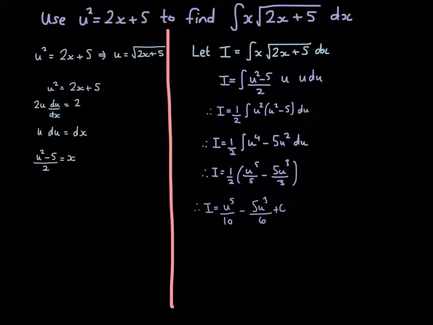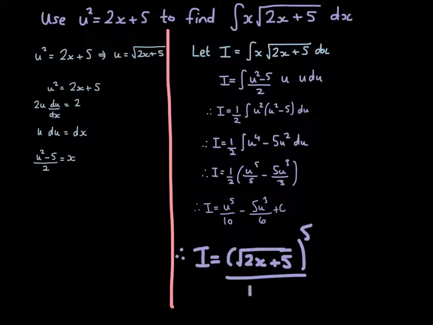And then all we need to do now to finish off is substitute our expression for u back into our final answer. Okay, so we're going to substitute in the square root of 2x plus 5. So that's going to give us the square root of 2x plus 5 to the power of 5 over 10 subtract 5 brackets 2x plus 5 to the power of 3 divided by 6. Sorry, this is going to be a bit messy as I'm running out of room here.